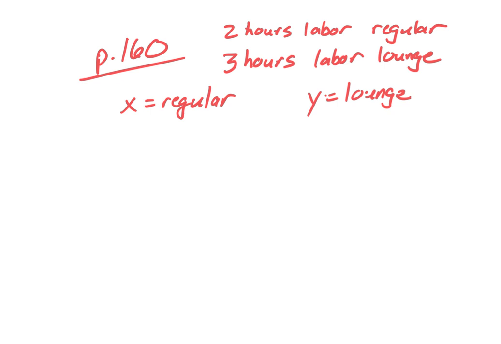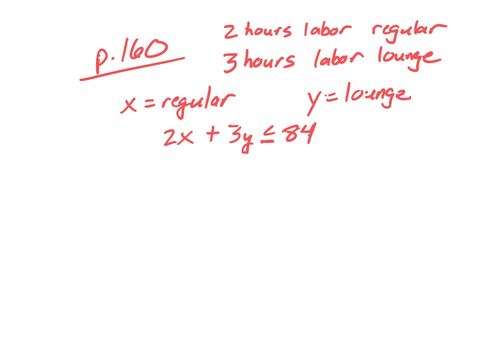Okay, so because each regular chair takes 2 hours of labor, we would say 2x. Each lounge chair takes 3 hours of labor. And 84 is the maximum number of hours that we have to spend, okay?